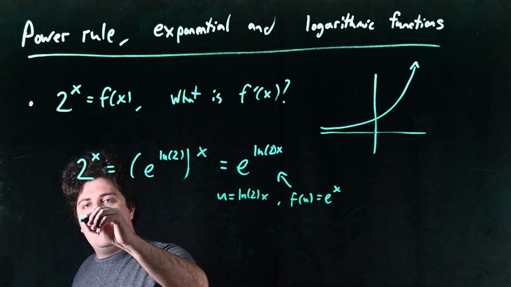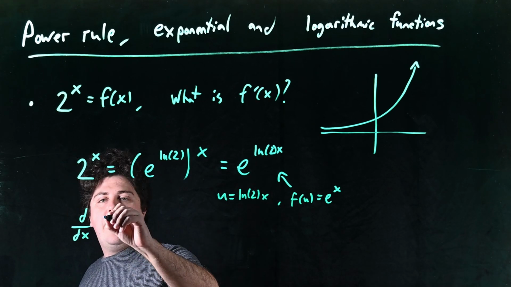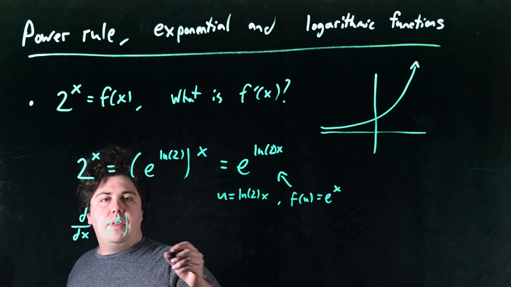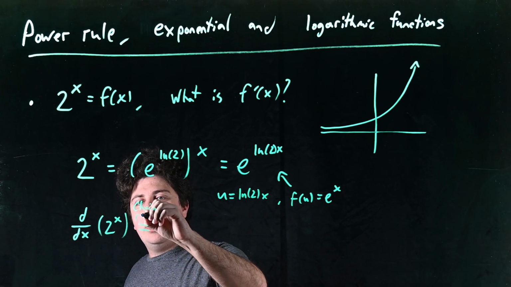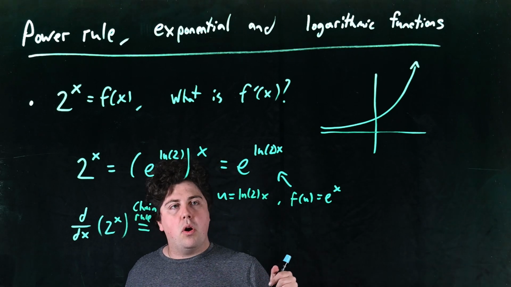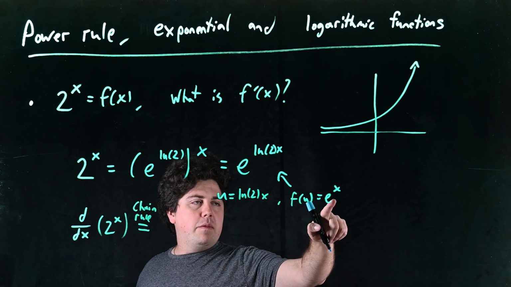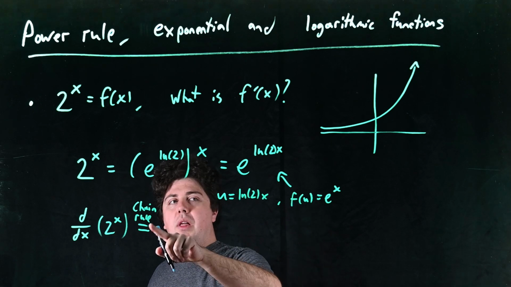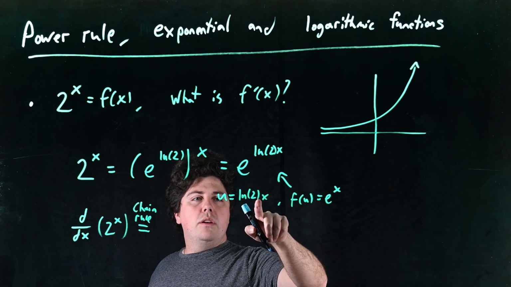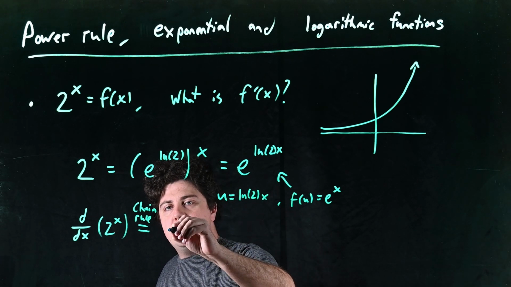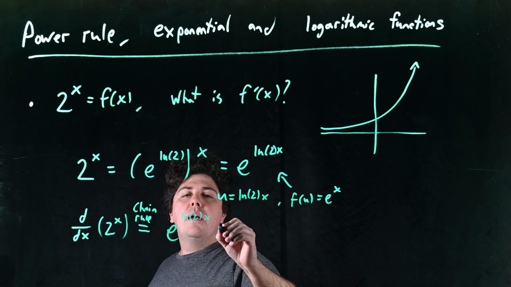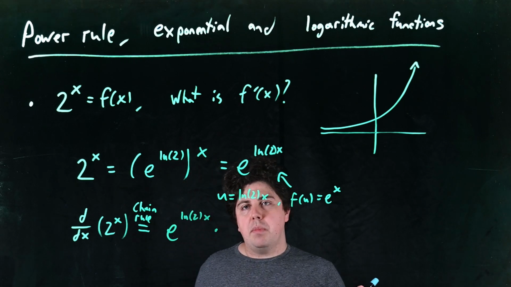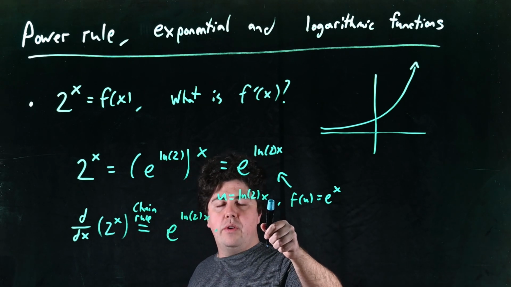Let's suffice it to say that if we take d by dx of 2 to the x, by the chain rule, we're taking the derivative of the function e to the u, and we're plugging in (ln 2) x up top, so this is just going to be e to the (ln 2) x, but then we have to multiply this by the derivative of (ln 2) x.